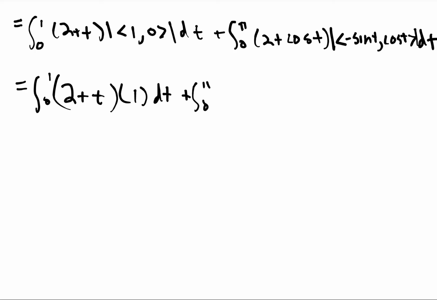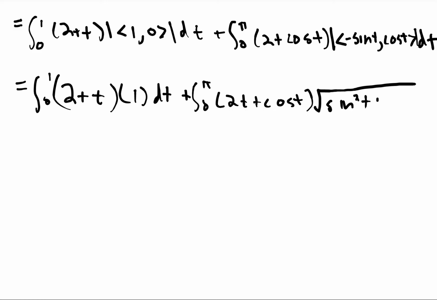Over here, if I try to clean up my magnitude of that derivative vector, we're taking the square root of basically sine squared t plus cosine squared t. And hopefully if you're up on your trig identities, sine squared t plus cosine squared t is 1. We square root that, we get 1.